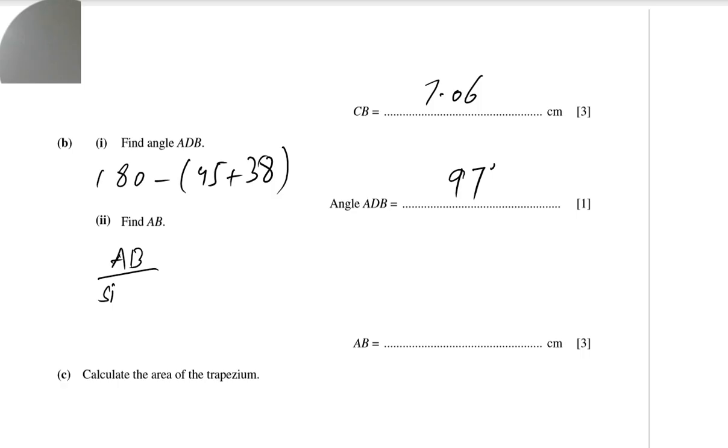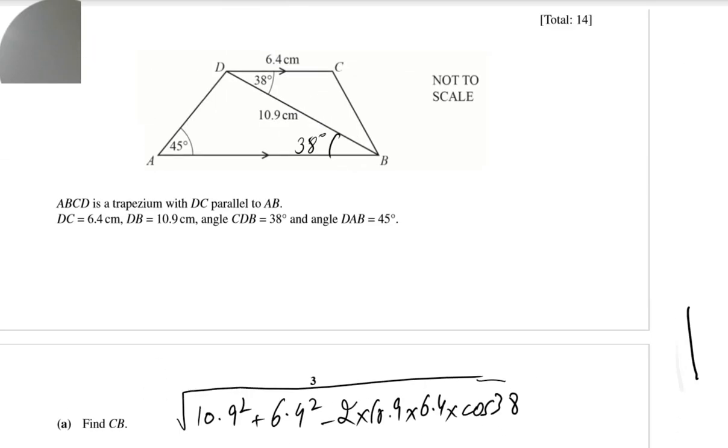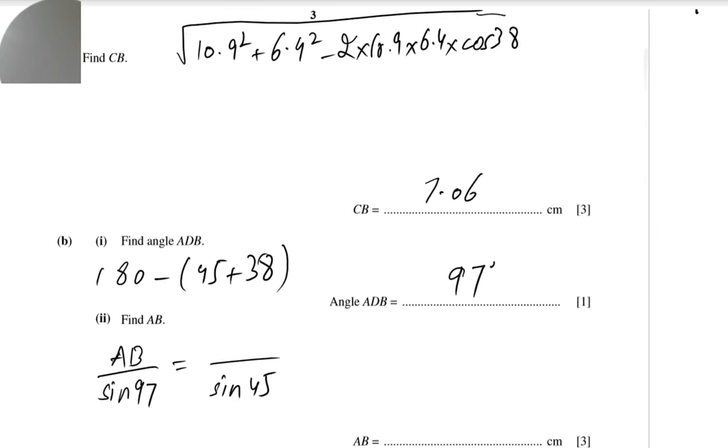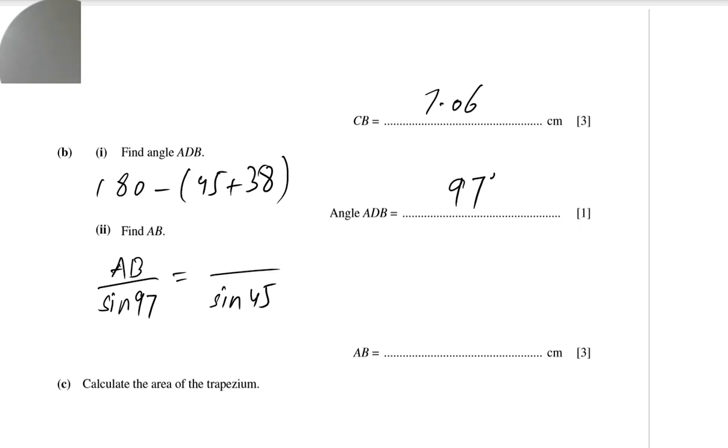So AB over sine of 97 would be equal to 10.9 over sine of 45.